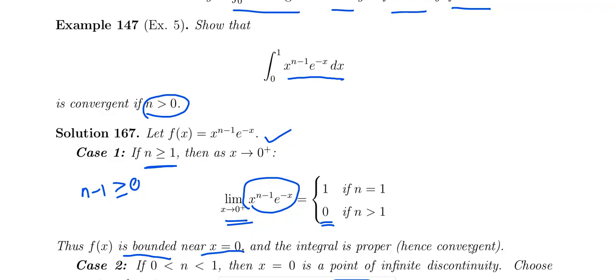Bounded near x equal to 0, so the integral is a proper integral, that is convergent.